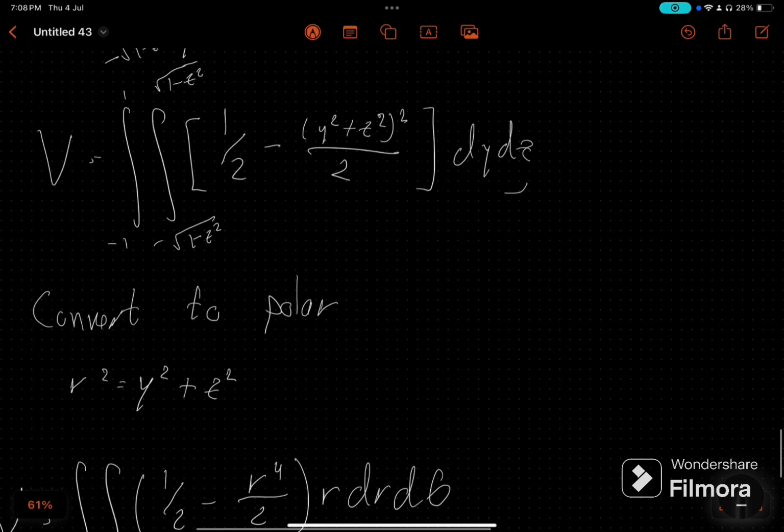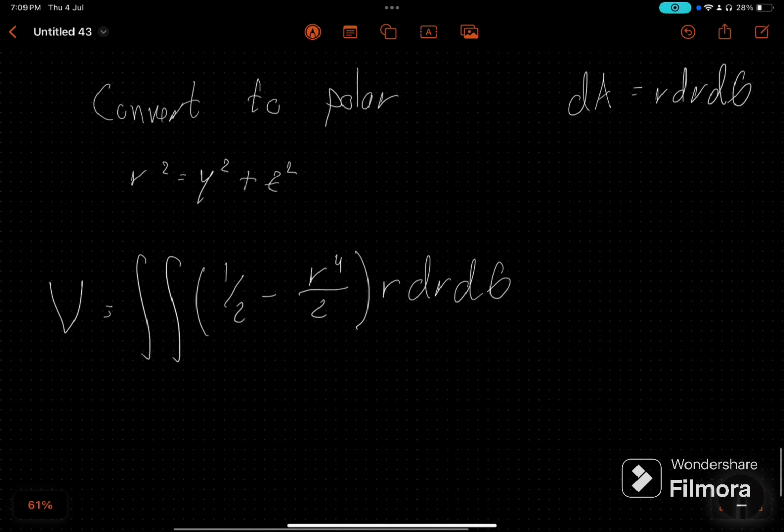This is dA, and we said dA in polar is equal to r dr d theta. Now r to the 4 over 2 is very easy to evaluate: basically r to the 5, and here just r over 2.